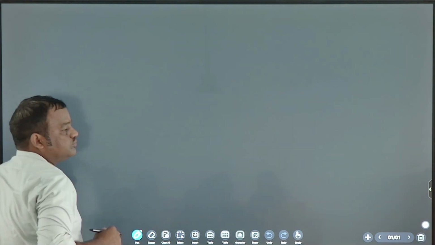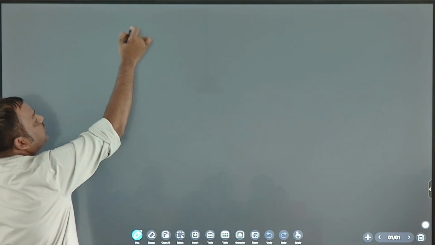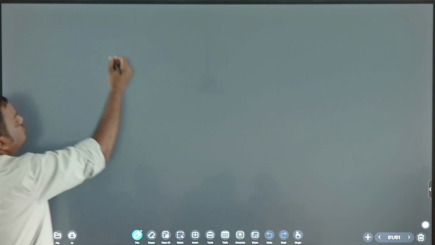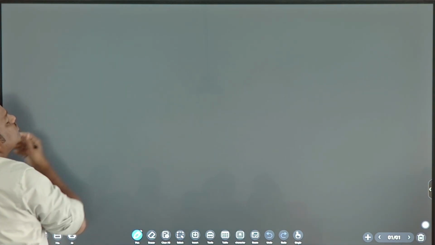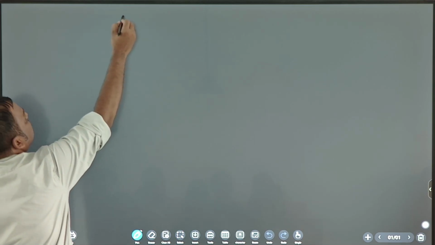Note down. So let's continue Newton's laws of motion. Today we'll discuss constraint relation. Note down.